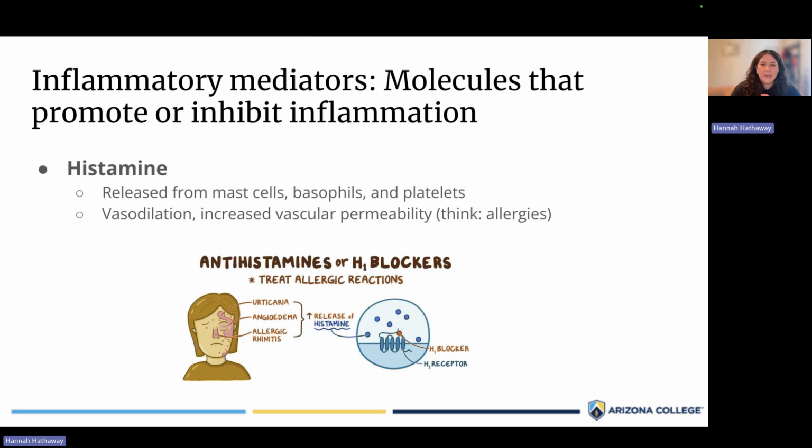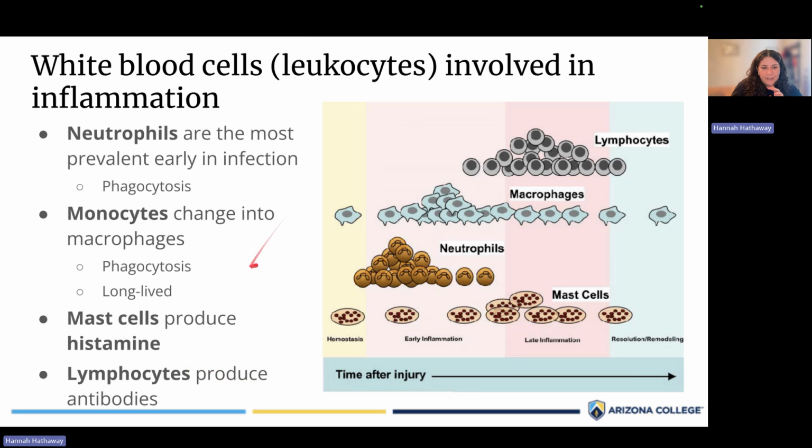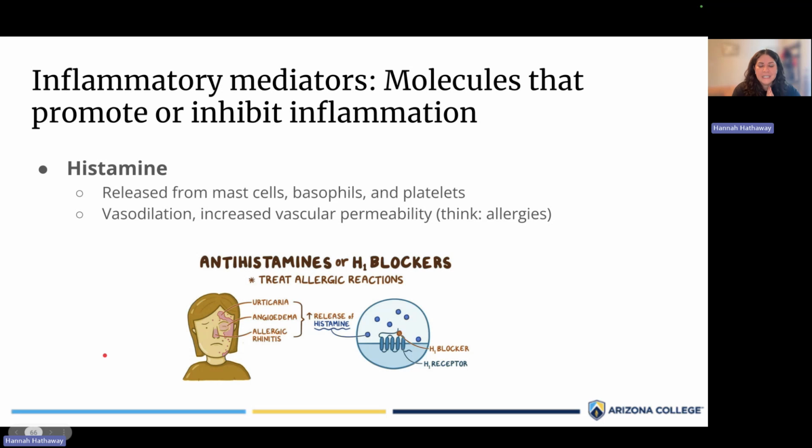Okay, and then I wanted to just really quickly talk about this guy, the mast cell that produces histamine, because histamine is something that can cause some diseases and disorders on its own. So for example, allergies. Allergies are essentially caused by inappropriate release of histamine. So histamine is something that is released from mast cells as part of the inflammatory response.